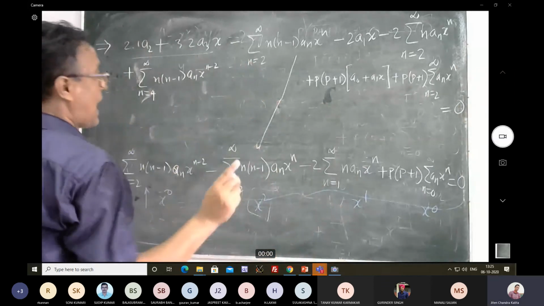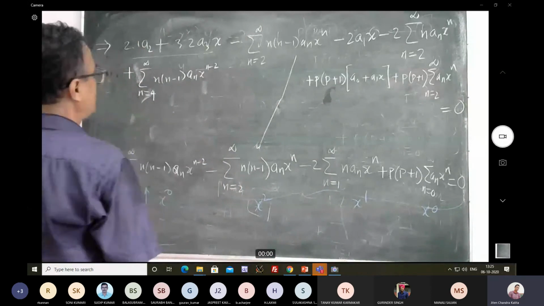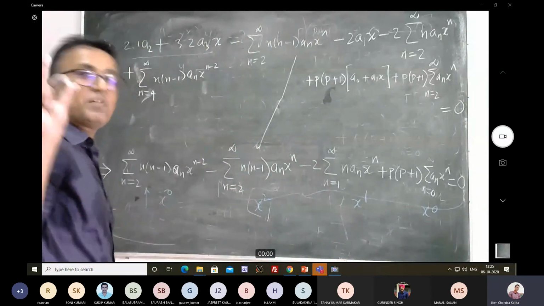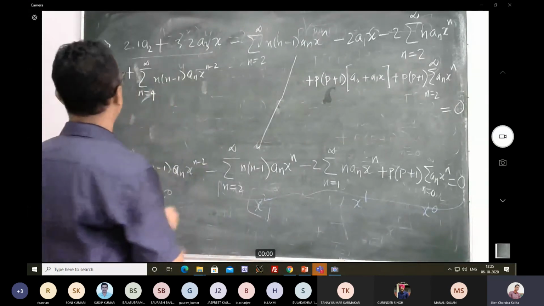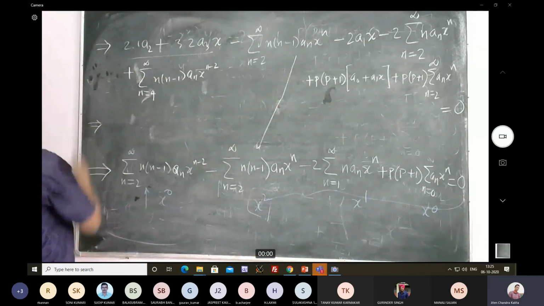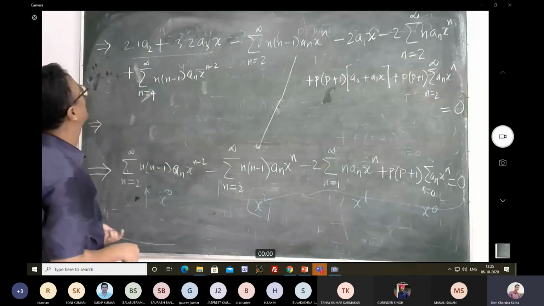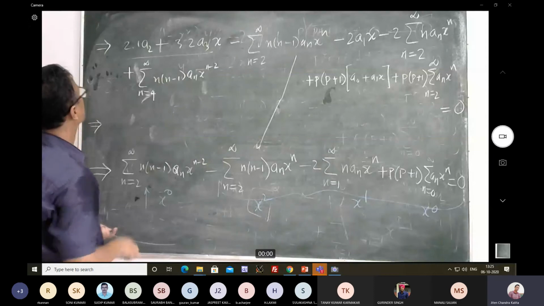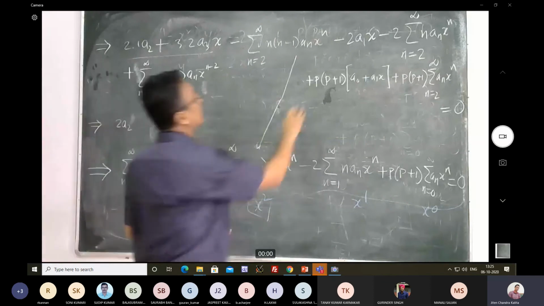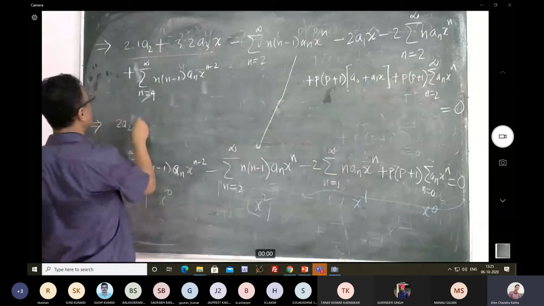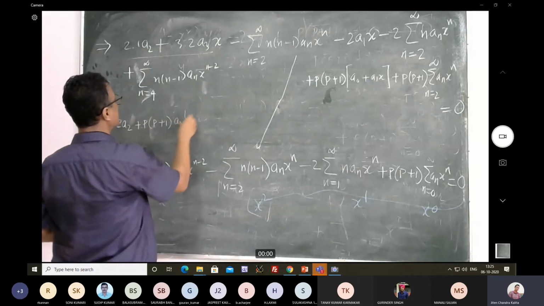So now, don't worry about it. You will see that I'm going to get all similar powers of x, and again n is going to start from the same index. You don't need to worry about it. So now, let me take similar powers of x. So this is 2a2, and from here I am going to get p into p plus 1 a naught.